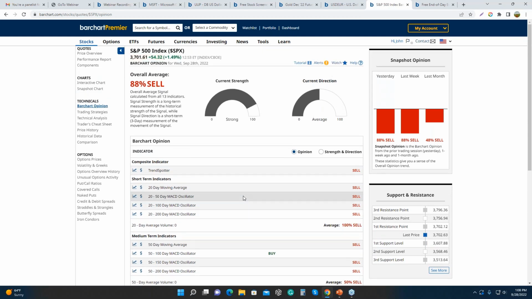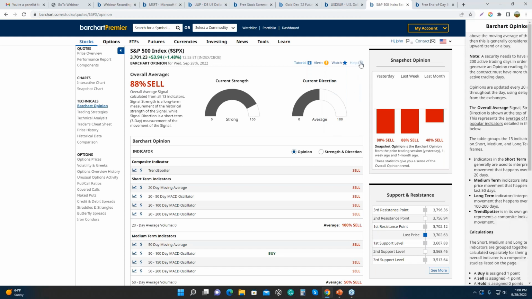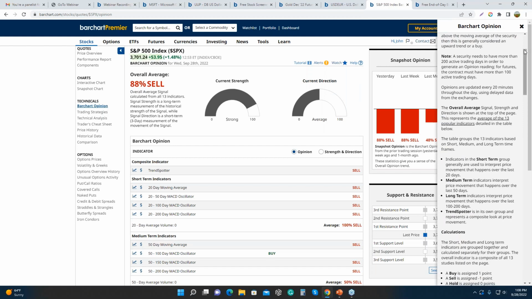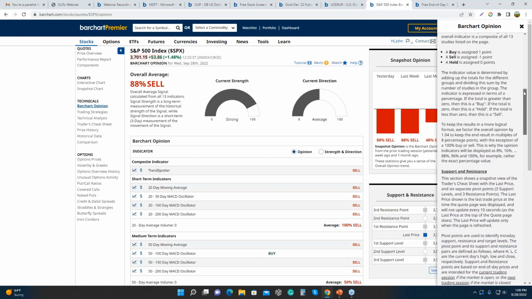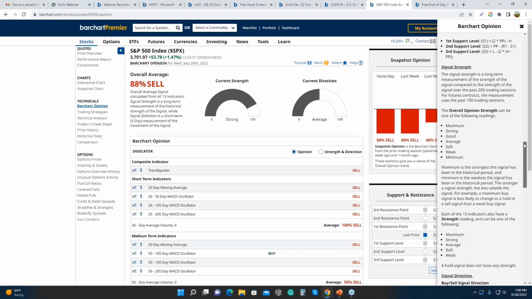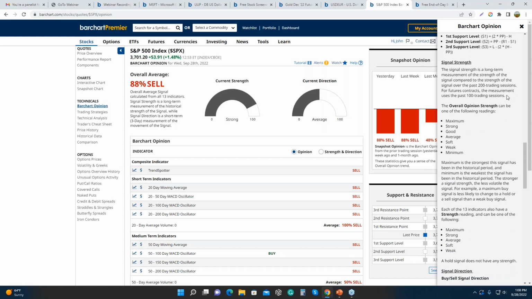But for our discussion today, we're going to concentrate more on the current strength and current direction signals as we go through our process. So again, let me open up my help section, and we can see that our strength signal is a long-term measurement tool.